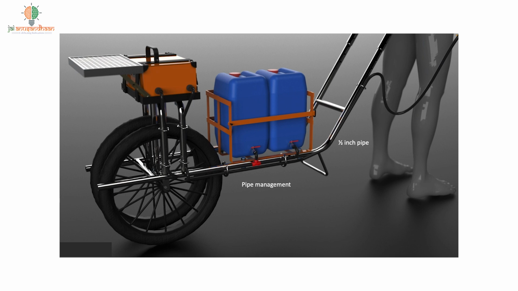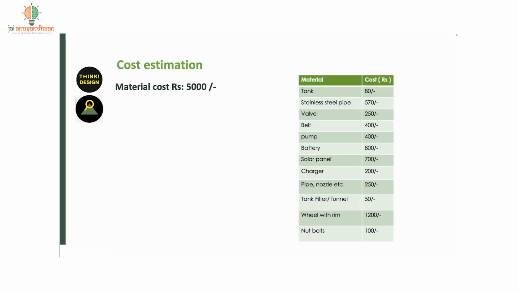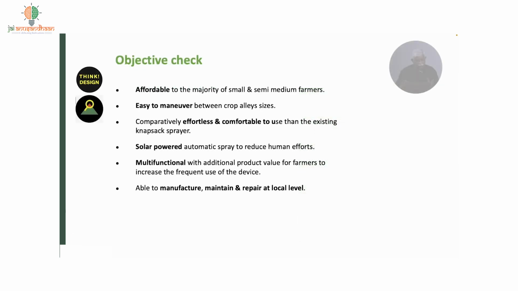Yeah, so it's kind of flexible, and so he did the cost estimation here. Everything works out to about 5,000 rupees, which for him was a very reasonable amount for something like this. And then he did an objective check. Okay, so it means it's affordable to the majority of the small and semi-medium farmers.